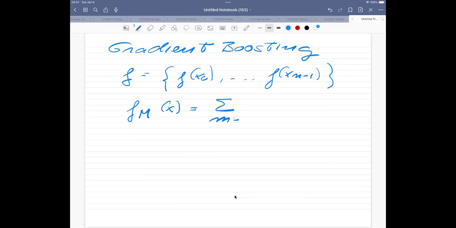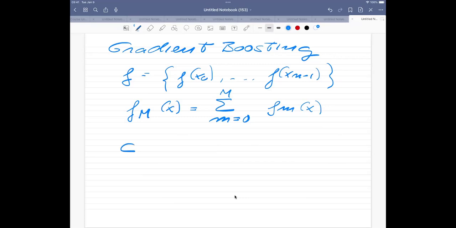So we would have a sum from m equals 0 up to this n. Then we are going to try to find a way to optimize and find these functions. And these f's are, again, some kind of weak learners. It can be a function for the regression case or for a classification problem.